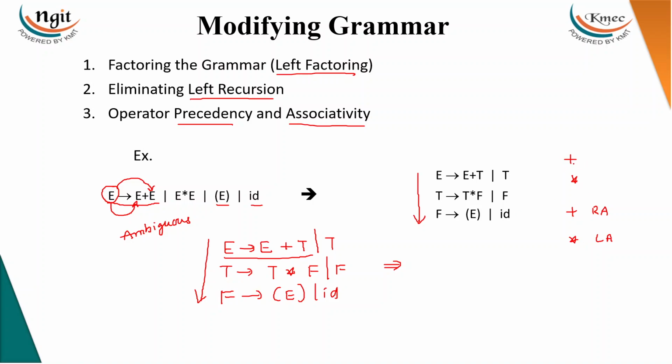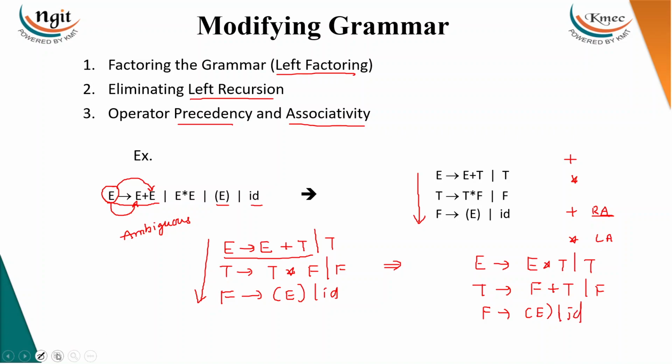Higher precedence plus, so you should keep it at the end. Then you can write like this: E tends to E star T or T. Then T tends to, see, plus is which associative? Right associative. Then you write F plus T or F. Then F tends to, in brackets, E or id.